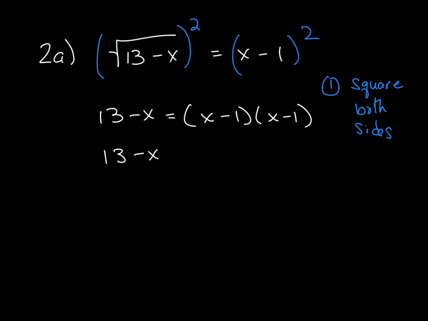Now, that gives me 13 minus x on the left. x times x is equal to x squared. x times negative 1 is equal to negative x. Negative 1 times x gives me another negative x. And then finally, negative 1 times negative 1 gives me a positive 1. Now I want to combine like terms.